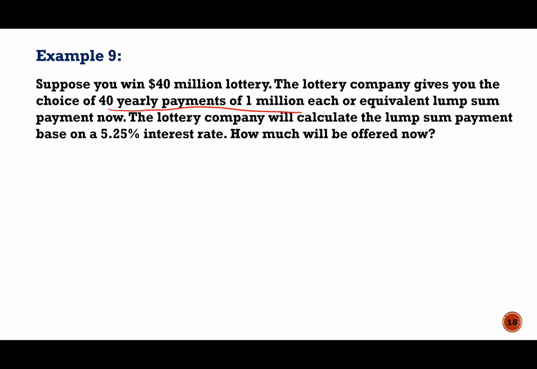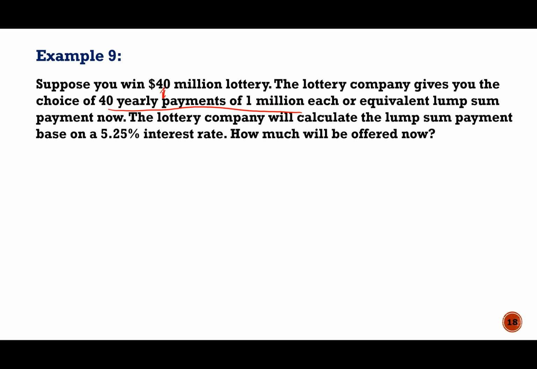These 40 yearly payments of 1 million are not exactly 40 million, because as time goes by, the value of the money decreases, meaning there's a discount effect on the money. So 1 million today is worth a lot more than 1 million 1 year from now, or maybe 10 years from now. That's why these 40 yearly payments of 1 million are not exactly equivalent to 40 million.